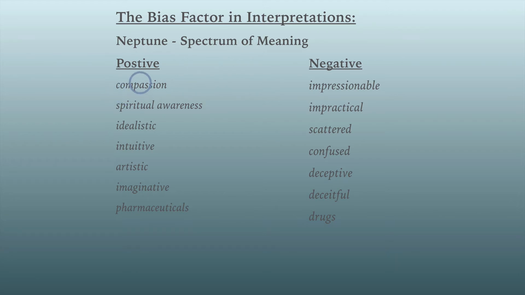But let's look at these. They're compassionate, there's some sort of spiritual connection that they have with the world. They're very idealistic, intuitive, artistic, imaginative, and sometimes they have some orientation to the pharmaceutical industry or medicine. Let's just put it that way.